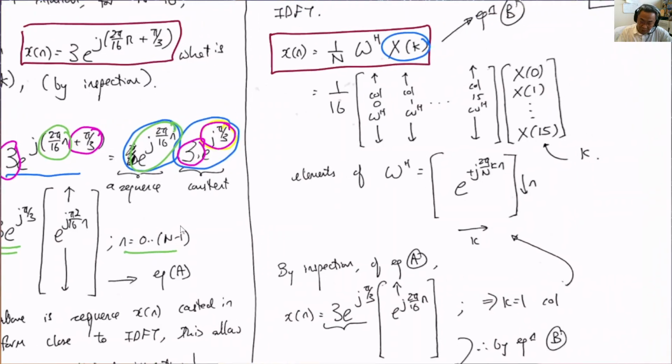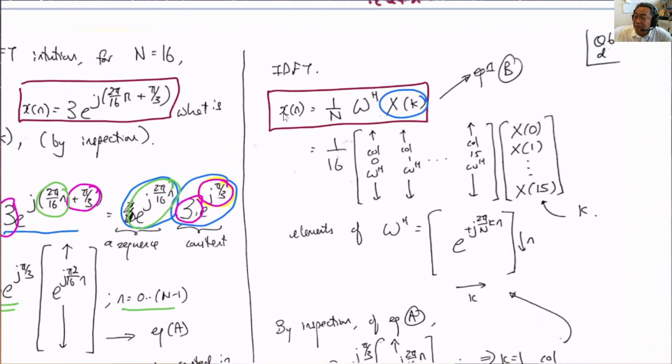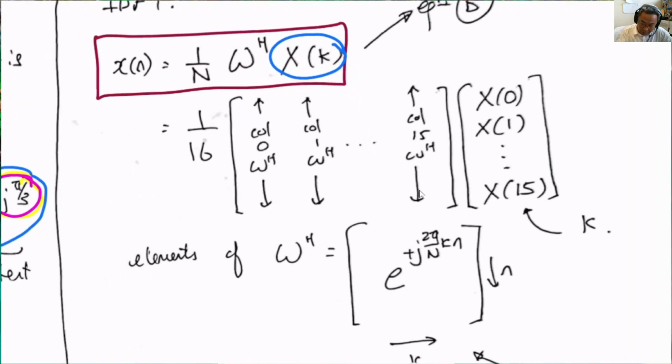Alright, let's go through what the IDFT equation is. The IDFT equation is (1/N) W^H Xk. Let's expand the W^H as column 0, column 1, until column 15. So it's 0 to 15, and across here it is k.